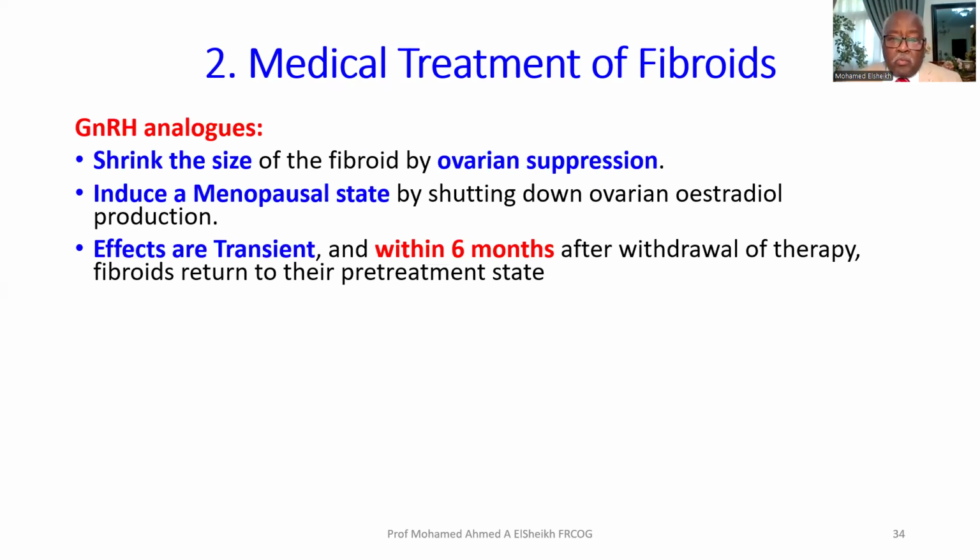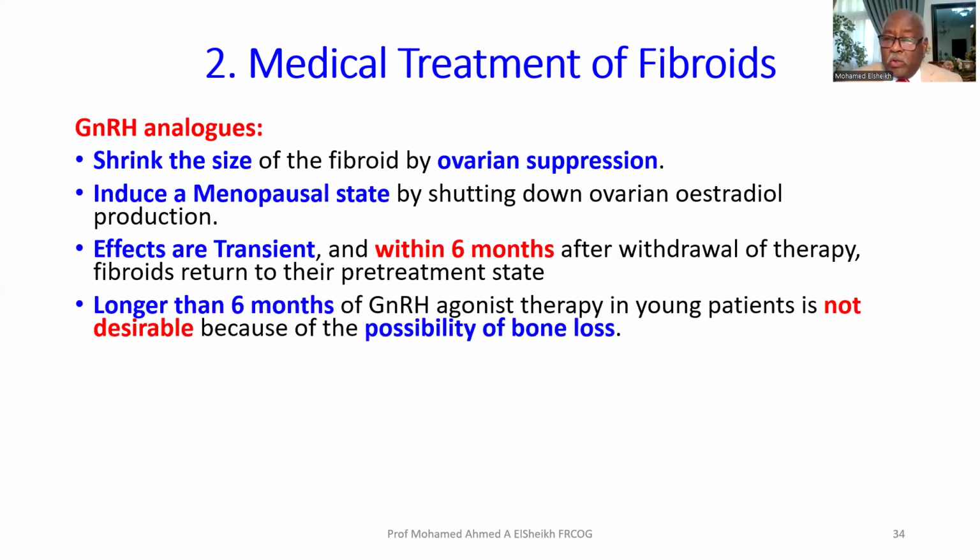Less estrogen is produced, and we know that the fibroids are estrogen dependent. So that will lead to shrinkage in the size of the tumor. That also could induce a menopausal state by shutting down the ovarian estradiol production. The effects of the GnRH agonists are usually transient.